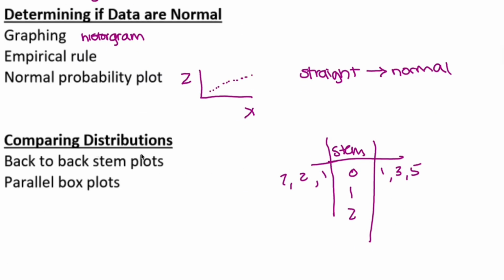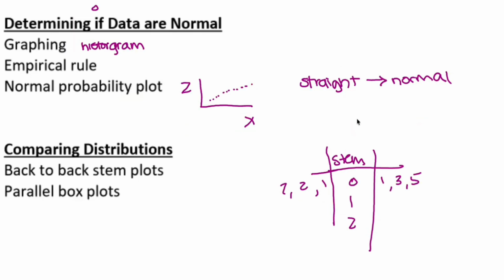How to compare distributions: back-to-back stem plots or parallel box plots. Okay, so this is one type of stem plot. I know I didn't draw the graph for the stem plot in the previous part, but there are actually two types of stem plot, and this is a common one.